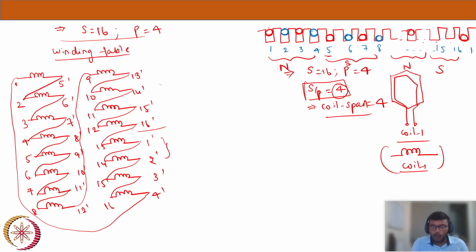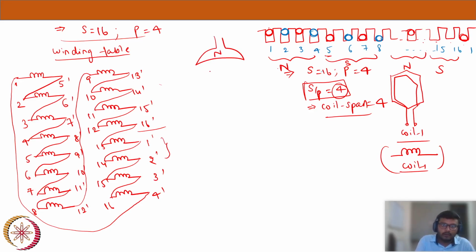Another question will arise: when I connect all in series, it forms a loop of 16 coils. There will be no circulating current flowing in this loop, because if you see the polarity of the voltages each coil has, the sum of all the voltages will be 0. That we will see now.